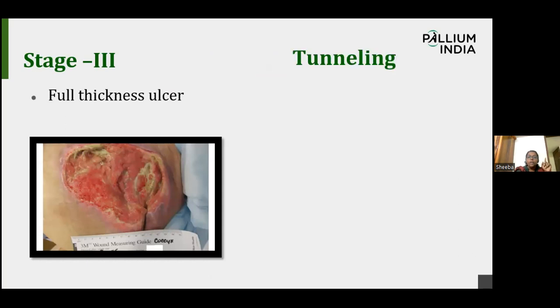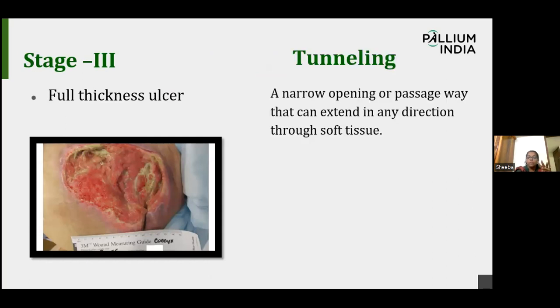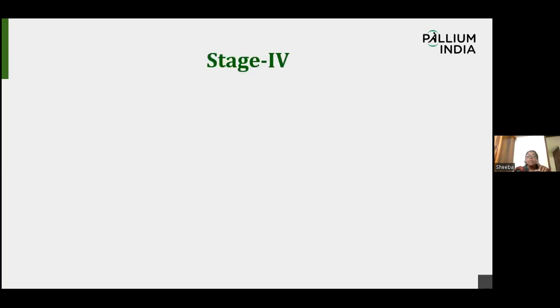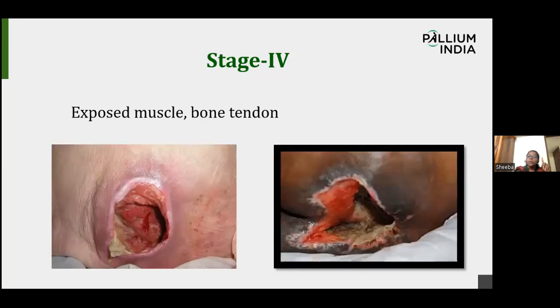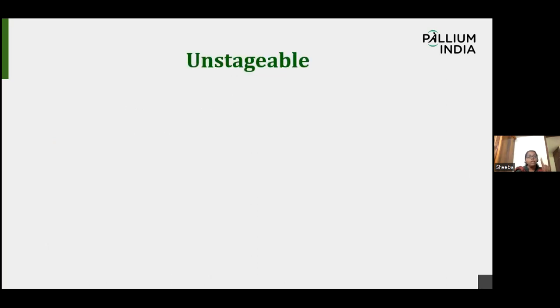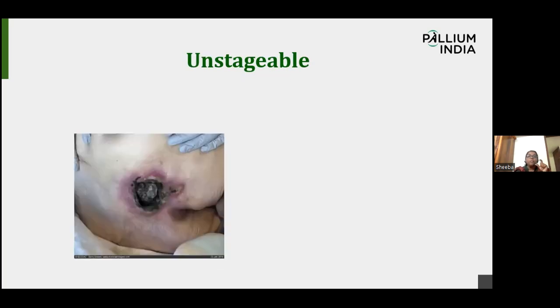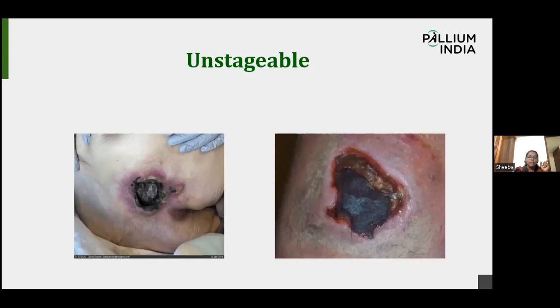If the bed sore is affecting the muscles, then it goes to stage 4. The fifth one is unstageable. So the pressure sore on the heel that is covered with black necrotic tissue is unstageable. But the one with only loss of skin is stage 2.